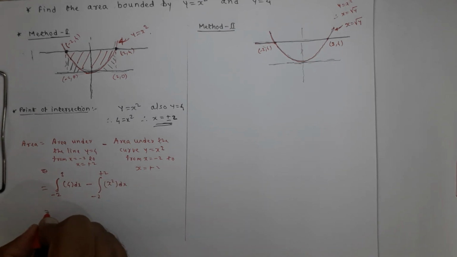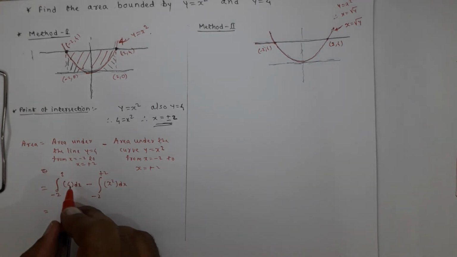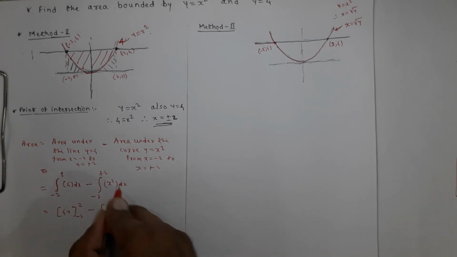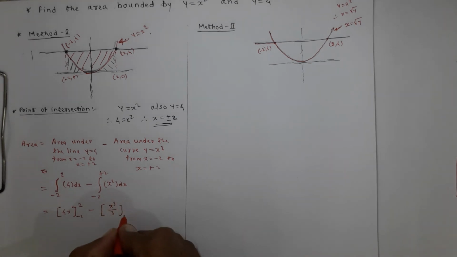So this will give me 4, integration of 4 is 4 times x in limits from minus 2 to plus 2 minus, now integration of x square is x cube divided by 3 in limits minus 2 to plus 2.